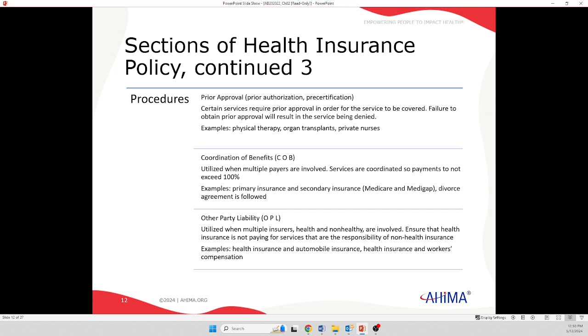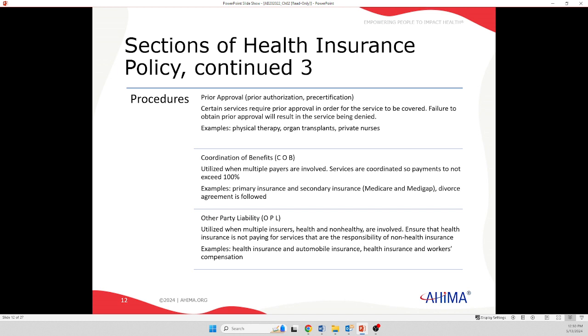Some examples: physical therapy, organ transplant, private nursing. Also outpatient surgery, outpatient procedures, behavioral health, substance abuse, inpatient care, occupational treatment, speech therapy. All of those things require prior approval. So you need to know what prior approval is and the items that require it.